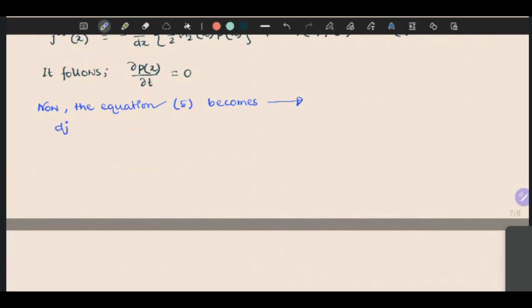d J stationary by dx is equal to 0, so that the stationary current density J_ST of x is actually independent of x.